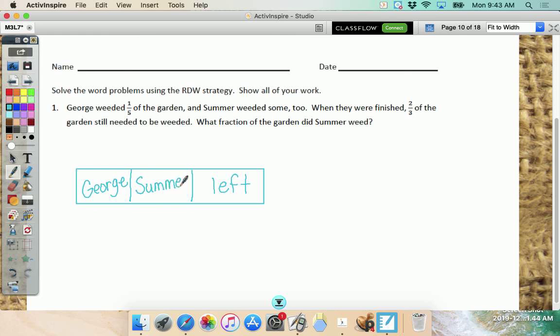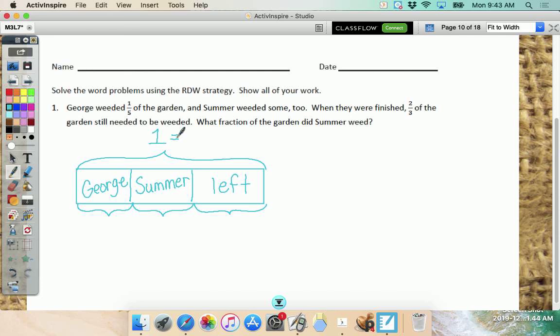Summer. And how much is left? Okay, so get your brackets on there, and we'll decide what goes under each name. And this is one whole, not one whole yard, but one whole, what? Garden. One whole garden.